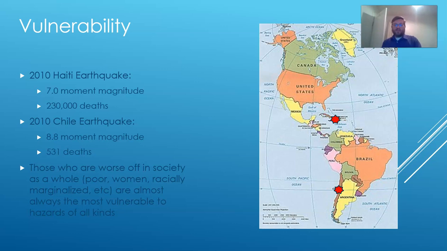So this means that if we're concerned about disasters resulting from events like volcanic eruptions and earthquakes, we need to be concerned not only with the physical science of how plate tectonics works and what's going to cause earthquakes and those kinds of things. We also need to be concerned about the social side of things. Who's living in the path of these kinds of events? What kind of resources do they have access to help them if one of these events would occur?